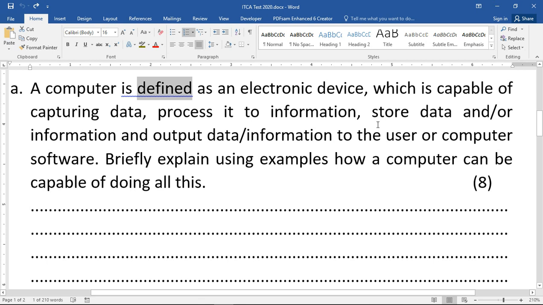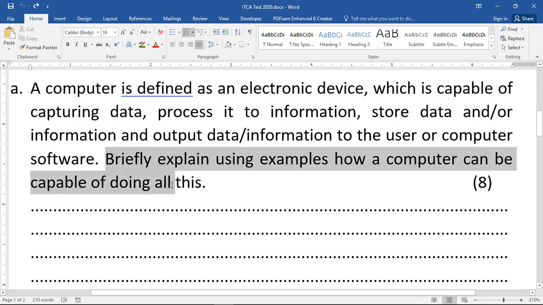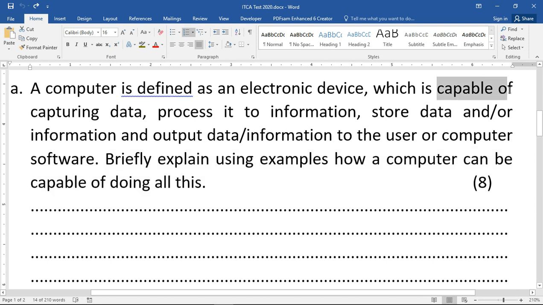The first thing, whenever you want to answer a question, make sure you understand the question. And here is the way you understand the question. This part is just the story, and here is the question, which is closely related to the story. Right, now, which is capable of?